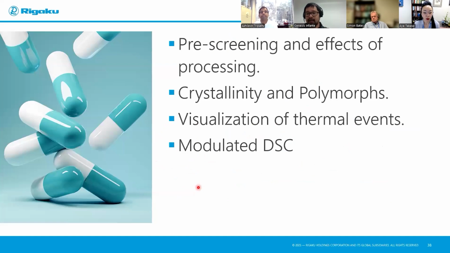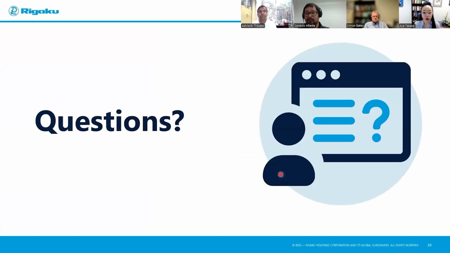So that's the end of my presentation, and I hope that everyone got some valuable information about how we can apply these techniques, pre-screening with your processes, crystallinity, polymorphs, and of course, visualization of your thermal events and modulated DSC. And with that, I open the floor for questions.